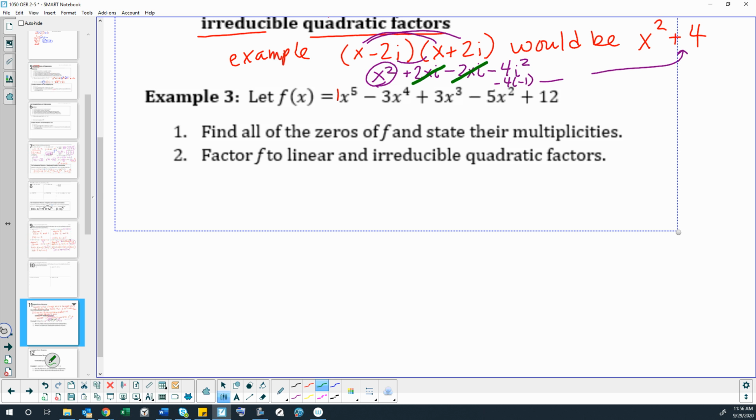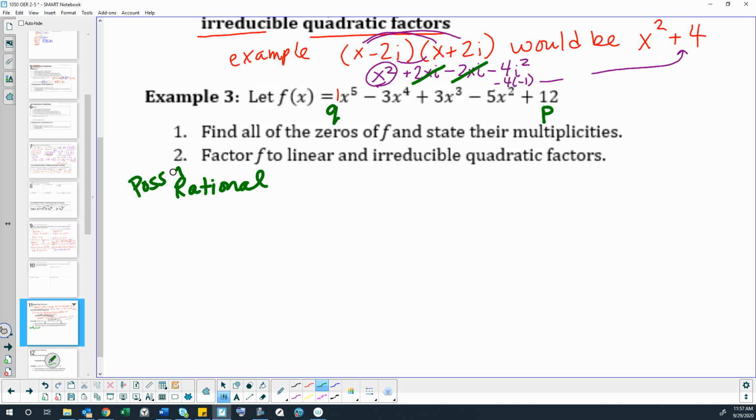Okay? So the coefficient of our leading term is 1, and our constant term is 12. We're going to call factors of 12 P, and factors of our leading coefficient, we're going to call Q. And we're going to figure out all possible factors of those. So our rational roots theorem, these are like our possible rational zeros or potential rational zeros. Either way, both are kind of the same thing.